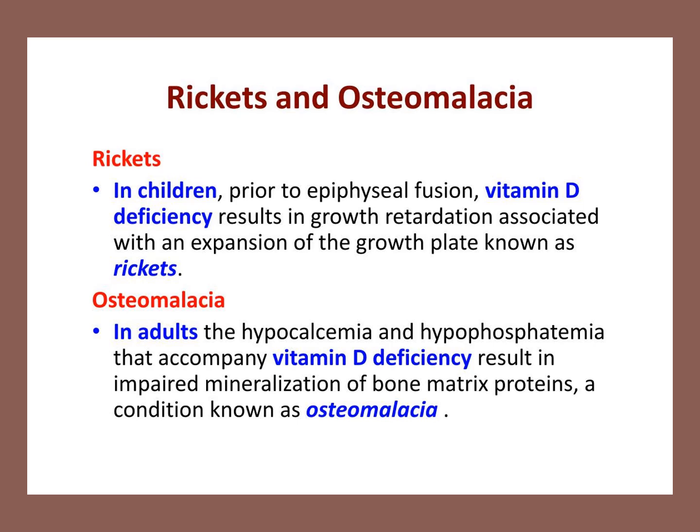Okay, so let's just spend a bit of time on rickets and osteomalacia. As I mentioned before, rickets is really a vitamin D deficiency in children before the growth plate or the epiphyseal plate has fused, right? So the epiphyseal plate or the epiphysis is where the long bones grow. They're called your growth plates, and they're typically at the ends of the long bones.